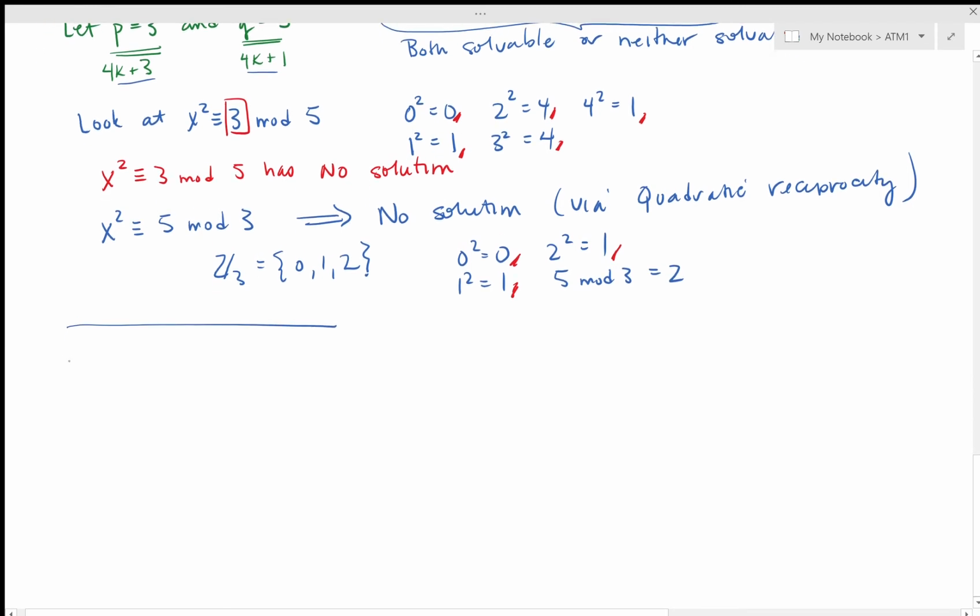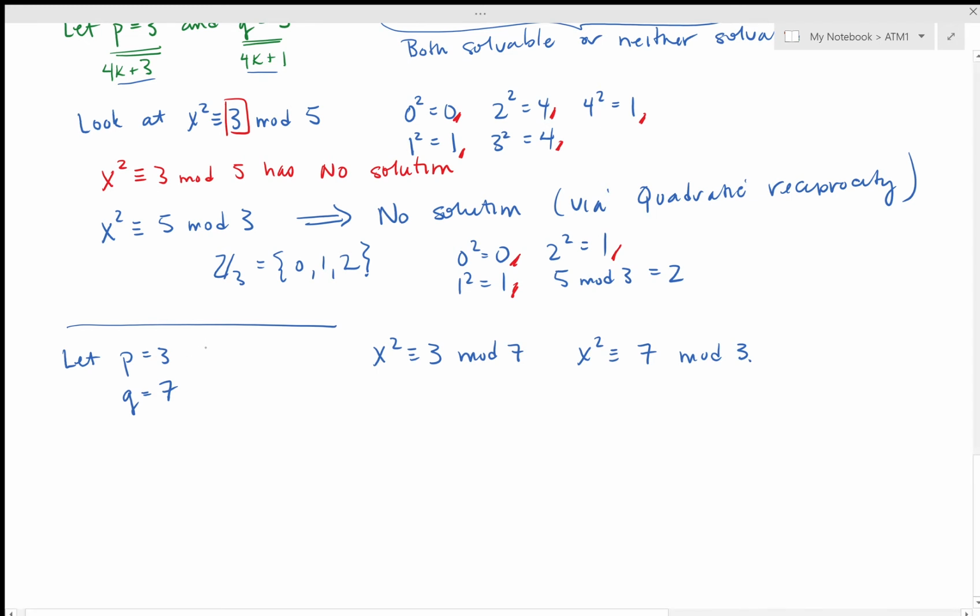Let P equal 3 and Q equal 7. So now what I'm doing is considering the related congruences that are like this: x squared congruent to 3 mod 7 and x squared congruent to 7 mod 3. I'm then going to look at the form of the primes.